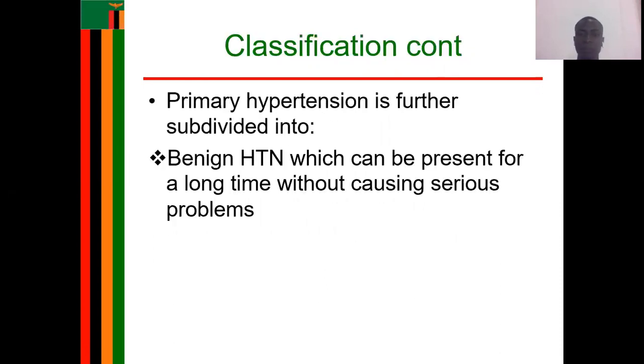Primary hypertension is further divided into subgroups. There's benign hypertension, which can be present for a long period of time without causing serious problems.